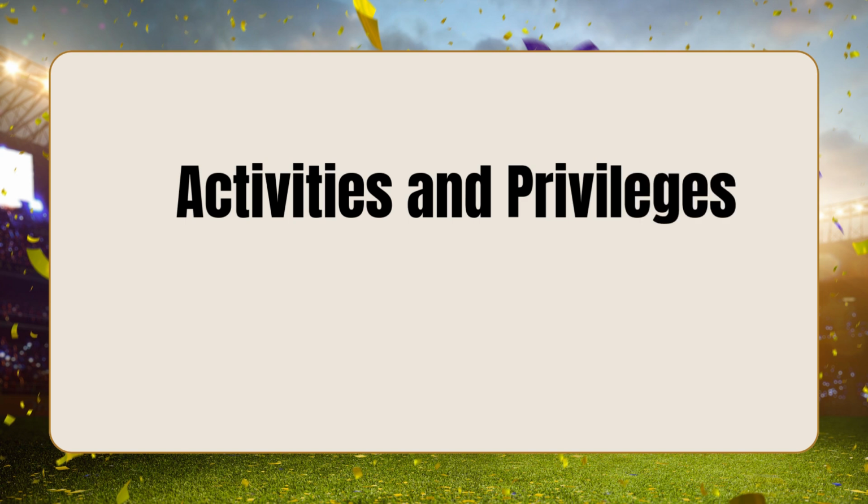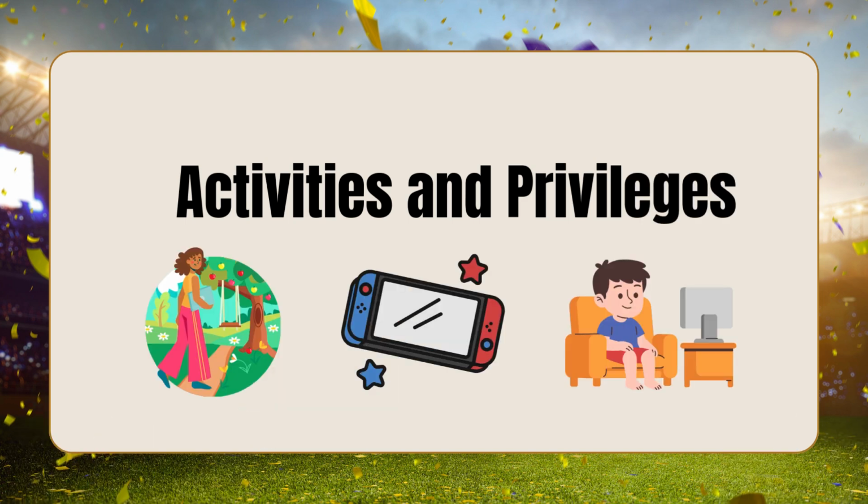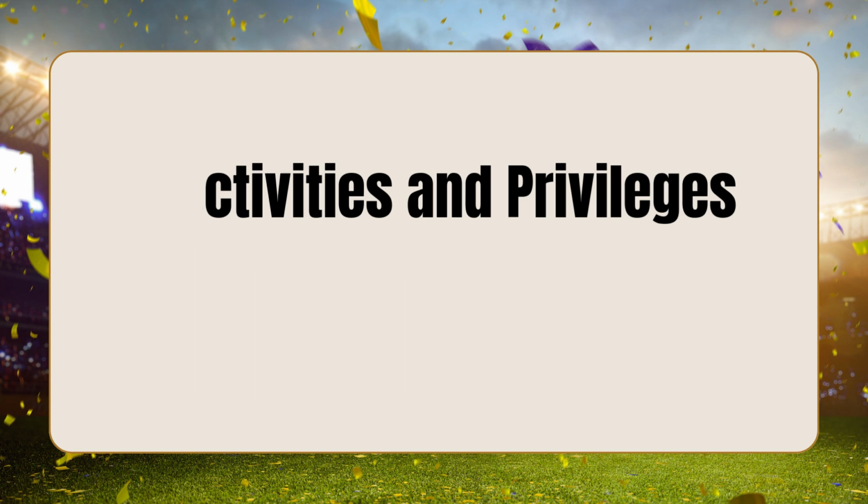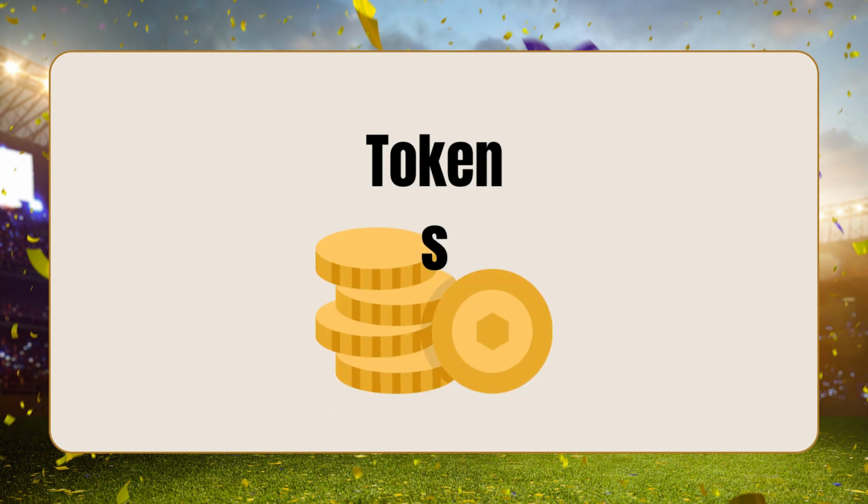Then we have activities and privileges, such as going to the park, playing video games, or watching TV. These are all different types of activities that, if given access to, increase the likelihood that a behavior will occur again in the future. And then finally, we have tokens. Even though tokens have no real value, they are used to purchase some other type of reinforcement.